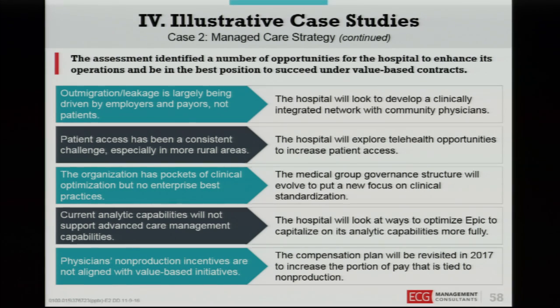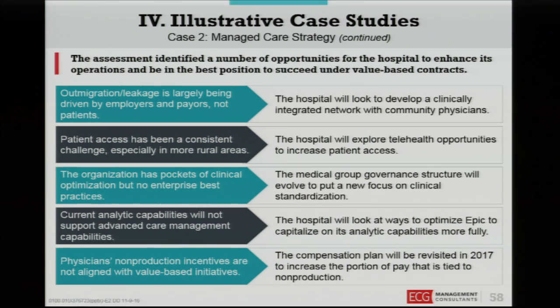So here's a summary of some of the things that we found. Although they were doing a pretty good job of managing care, there was still a lot of out-migration out of the market. It was mostly driven by employers and payers, not by patients. Patients were happy to stay in town, but because of different insurance relationships, they were often pushed off to a nearby metropolitan area.